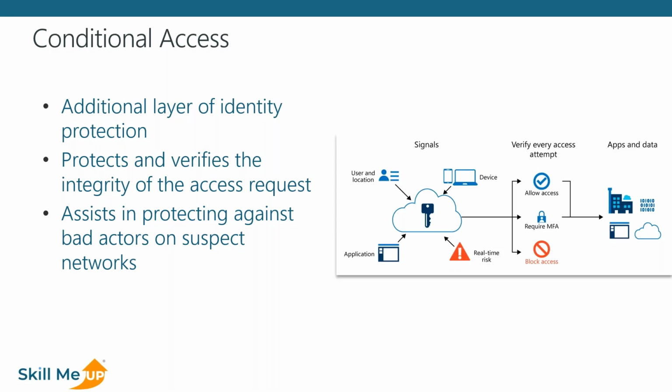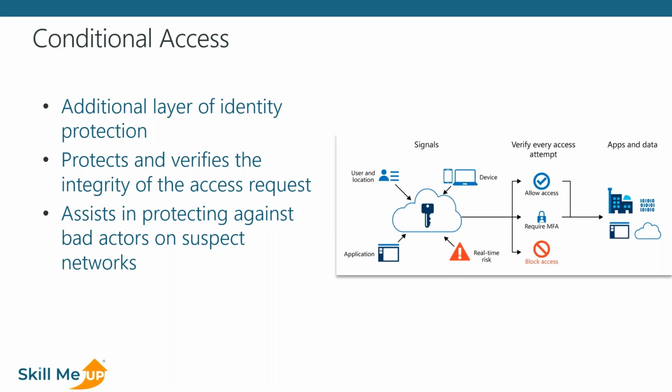So the recommendation is to either block access or require multi-factor authentication. And as I stated before, multi-factor authentication as an organization should probably be enabled across the board. So anybody that's trying to log in should be required to use multi-factor authentication.